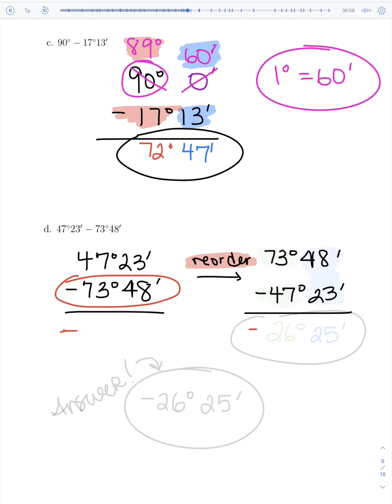So then I can subtract my 48 minutes minus my 23 minutes, which will give me a total of 25 minutes. And then I also need to subtract my 73 degrees minus my 47 degrees, which is a total of 26 degrees.